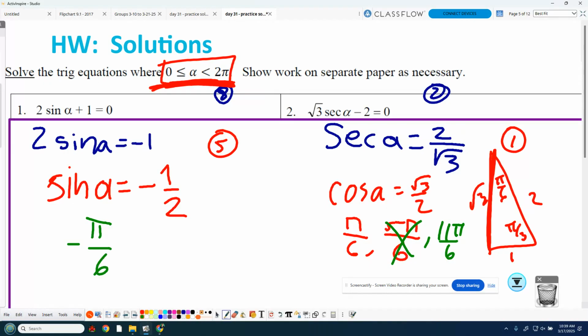We want 0 to pi. Sorry, 0 to 2 pi. So I agree you have the reference angle right. Oh, you're on eraser. You got to click the pen again. There you go. Okay, do we agree?